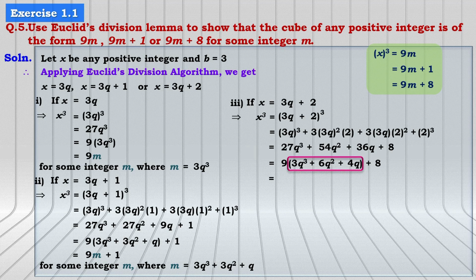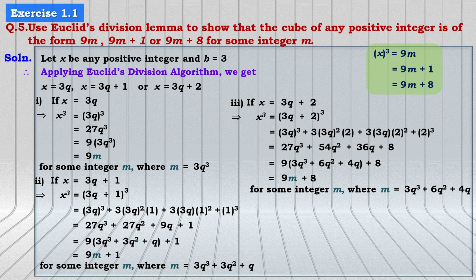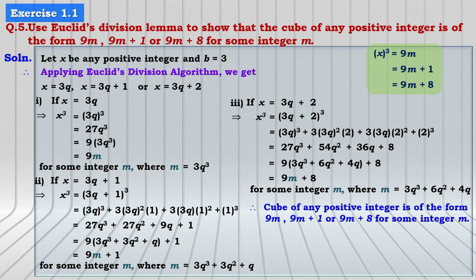So 9m plus 8 for some integer m, where m equals 3q cube plus 6q square plus 4q. So what we can see is that the cube of any positive integer is in the form of 9m, 9m plus 1 or 9m plus 8 for some integer m.